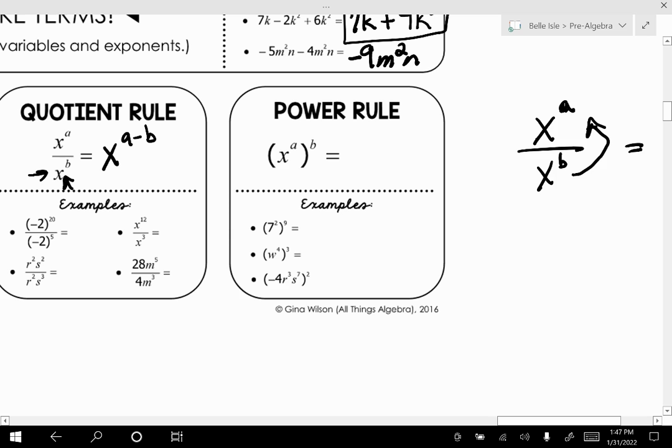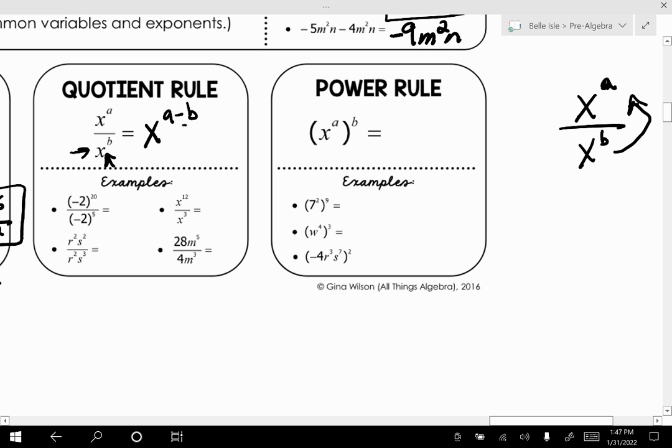We now have a minus b. Is that b negative right there? Yes, it is, which means we could move it back down to the bottom and we'd have x to the b power. I just want to show you how they kind of work together, but I'm confusing more people than I would care to, so we'll move on.